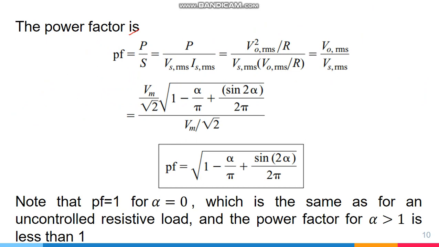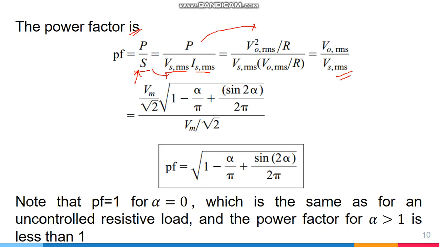Now the power factor calculations. Power factor is equal to the real power delivered to the load divided by apparent power S. Instead of the apparent power, I can put Vs RMS and Is RMS, and similarly in place of the real power I can put V naught RMS squared by resistance, and by simplifying these two relations I get V naught RMS over Vs RMS.